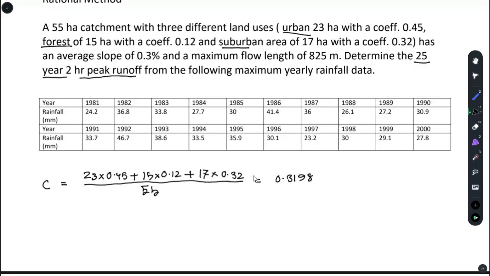Well, this is not actually for 25, but for 20 years rainfall, and you got to find out the intensity if the return period is 25-year.